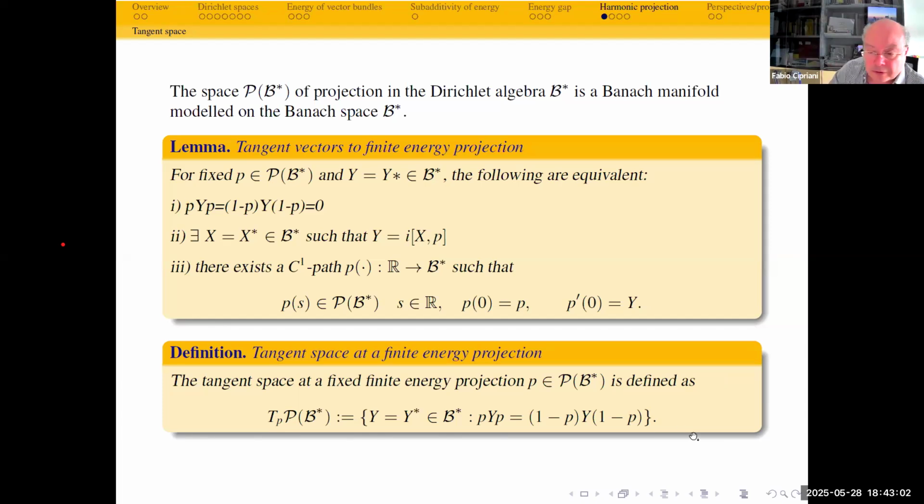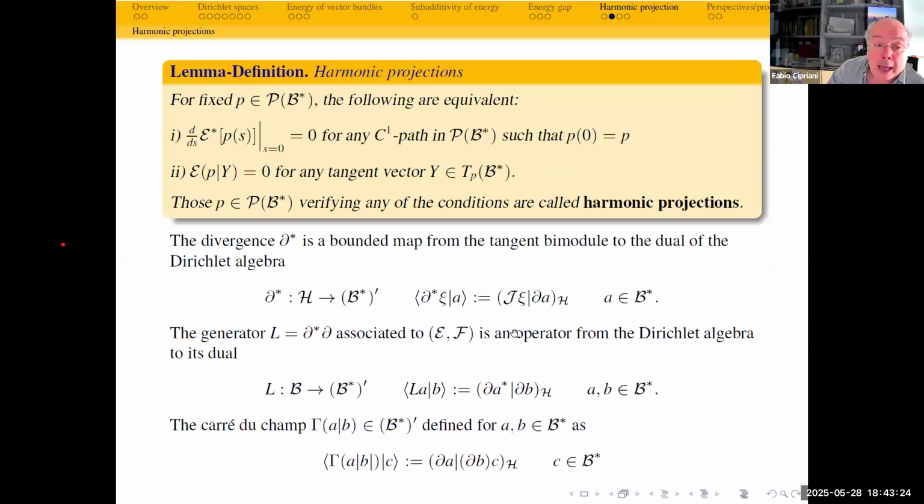But for the moment today, this is just a definition to isolate certain elements of B star, which for this reason should be thought of as the tangent vectors to P. And we have that two properties are equivalent.